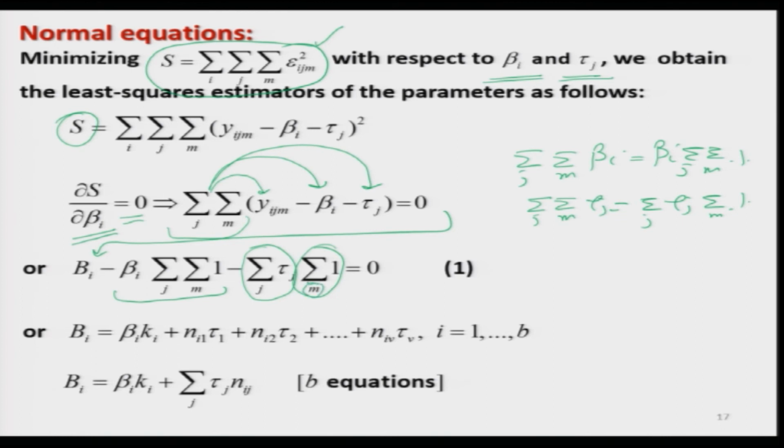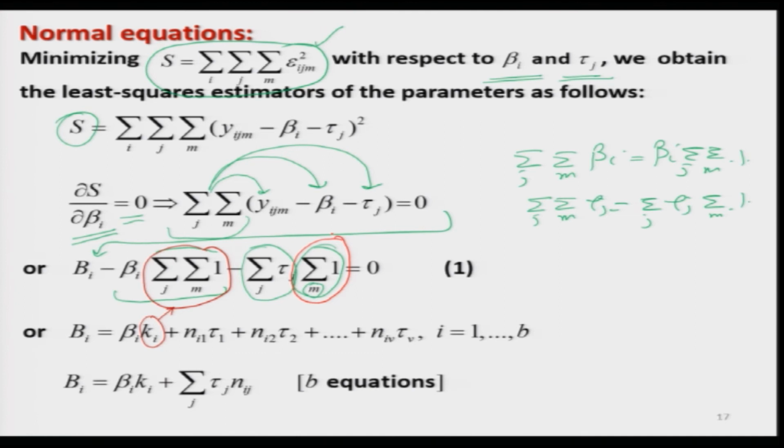So, now that is very simple algebra, right. So, if you see what is happening here, this quantity, the summation over J and M of 1, is simply the total number of plots available in the ith block. So, this is going to be indicated by k I. And what about this quantity, the summation over M of 1?